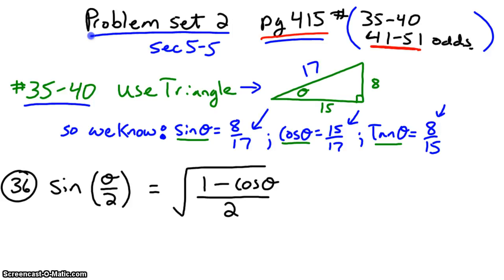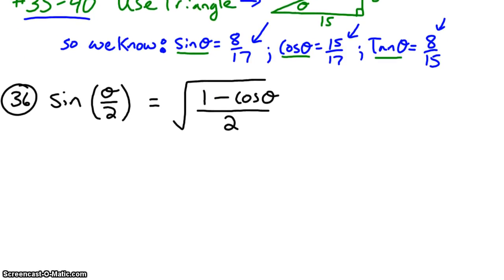Now the sine of theta over 2, which is a half angle identity, is represented with a radical, 1 minus cosine theta, over 2. Now this is all under that radical. So we're going to substitute in, and the only part I can substitute for is my cosine theta.